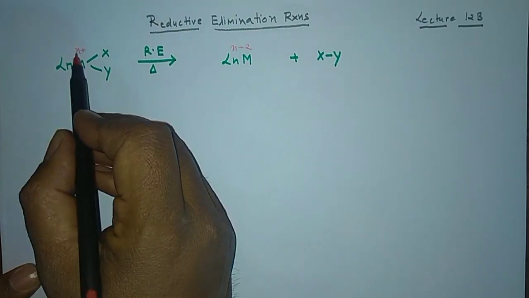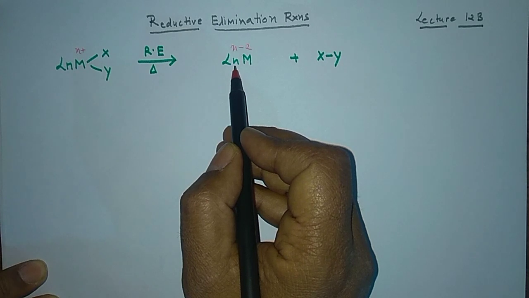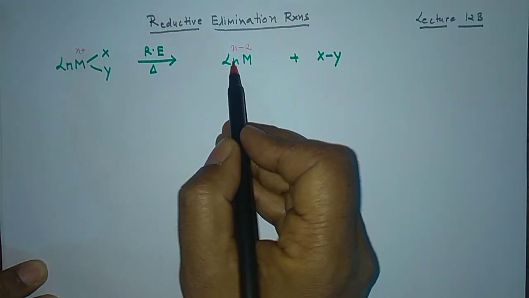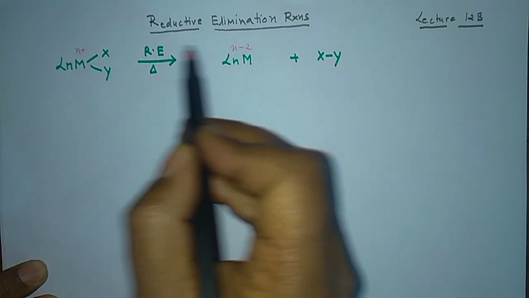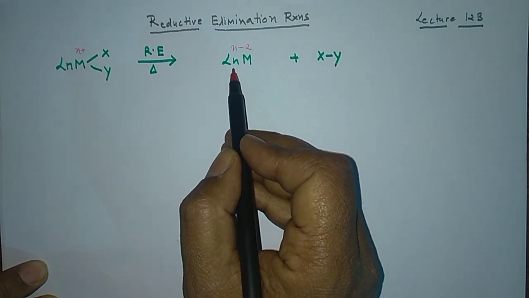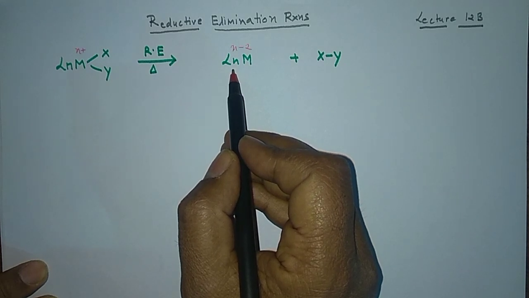That means the oxidation state in the product will be two units less. Say if it is +4, then it would be +2. If it is +2, then it would be 0. If it is +3, then it would be +1. So the reduction of the oxidation state by 2 units is the hallmark of the reductive elimination reaction.